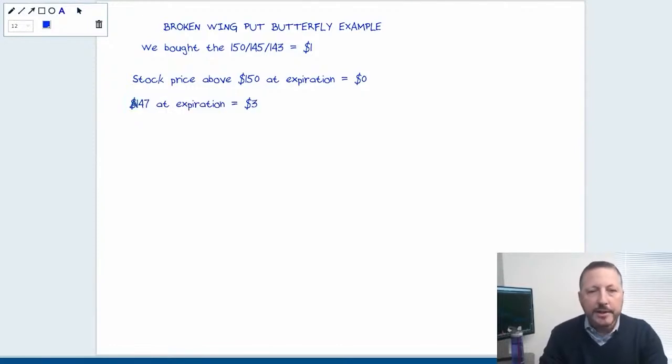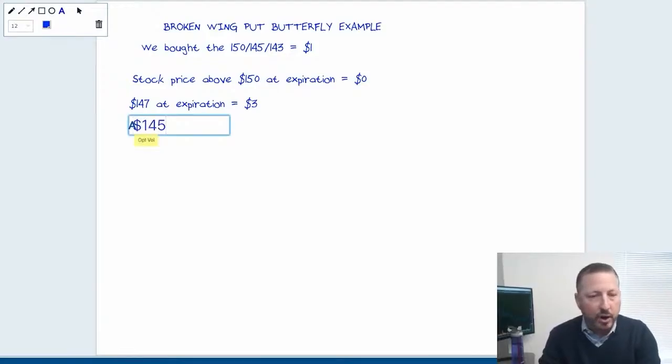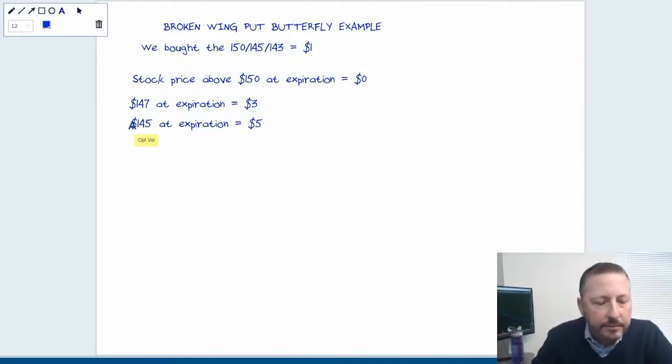Our long spread's going to be worth $3. Short spread's going to be worth 0. So the value of this butterfly will be worth $3. What you'll see here is the max is still going to be at the short strike. So at 145 at expiration, it's worth $5.